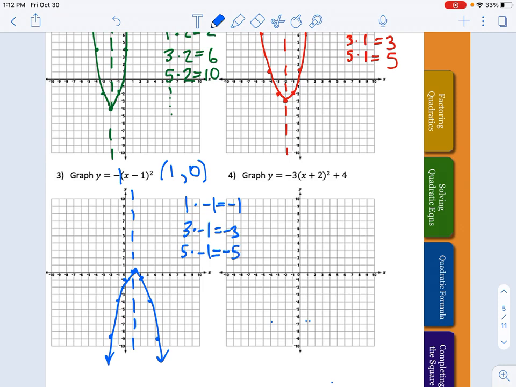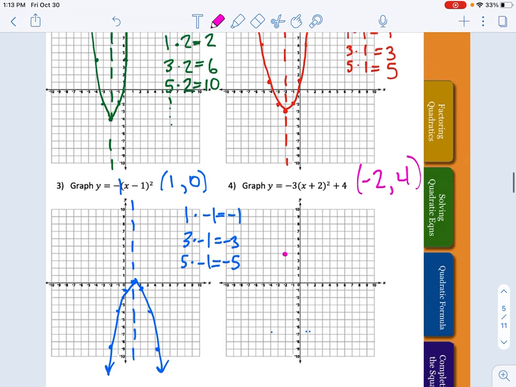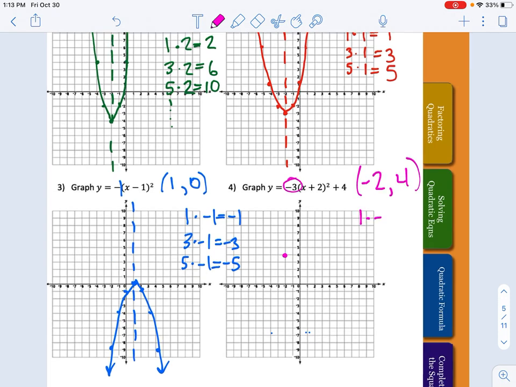And we have one more of this type. We have to find our vertex, opposite of h, negative 2, comma k, keep it the same, graph it, negative 2, up 4. We see our a value is negative 3, so 1 times negative 3, 3 times negative 3, 5 times negative 3, and so on.